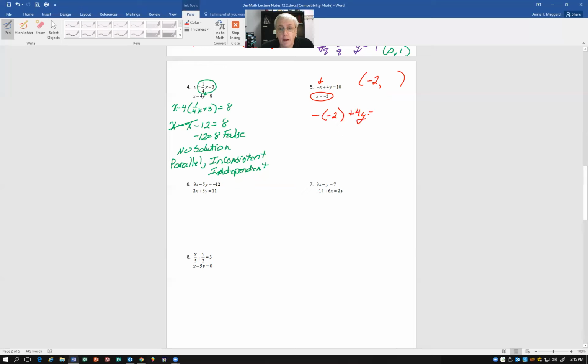Plus 4y is 10. Do you see why both the negatives are there? This is saying the opposite of x, whatever x is. The negative of whatever x is. So this is going to be 2 plus 4y is 10. I'll subtract 2 from both sides, getting 4y is 8, dividing by 4, y is 2.